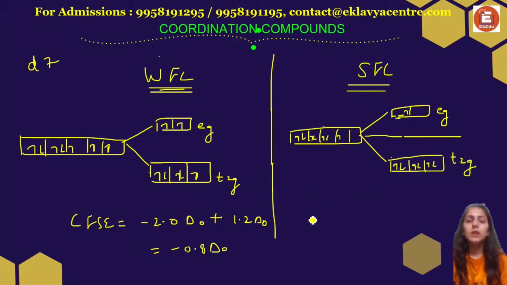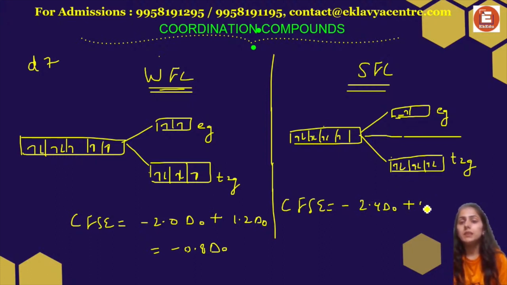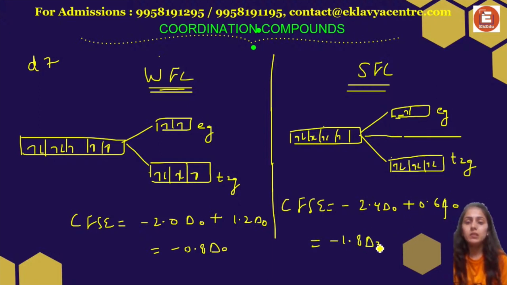CFSE value: 6 fours are 24, minus 2.4, plus 0.6. So it will be minus 1.8 del O.